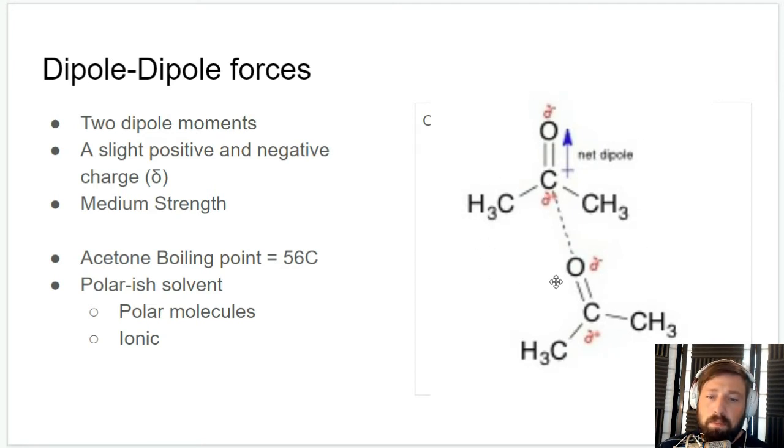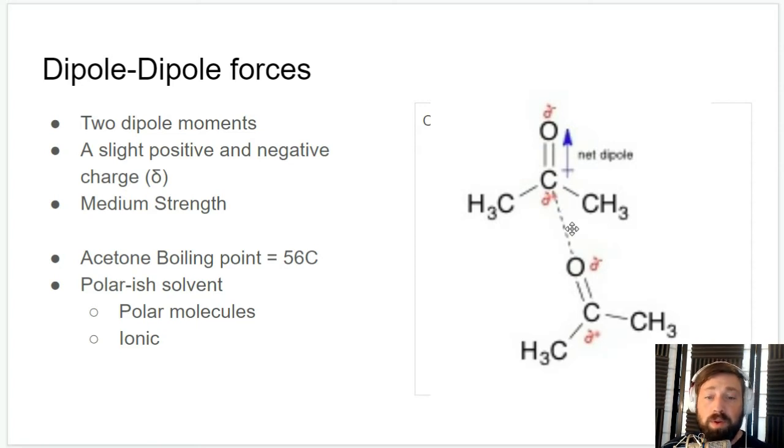Well, if you have a big bowl of acetone, or a beaker full of acetone, let's be scientific, then all of these negative charges are going to interact slightly with the positive charges on this central carbon.